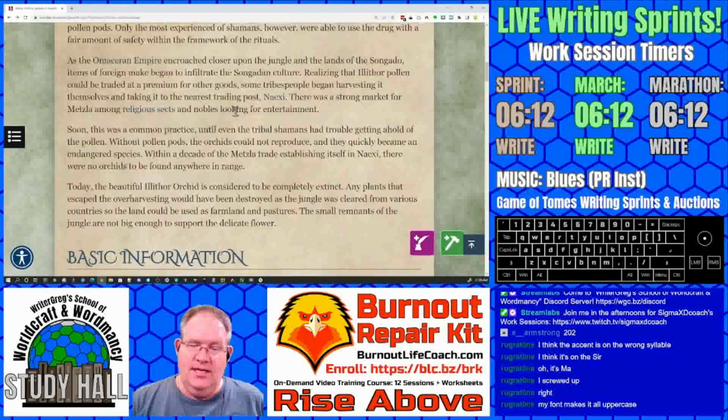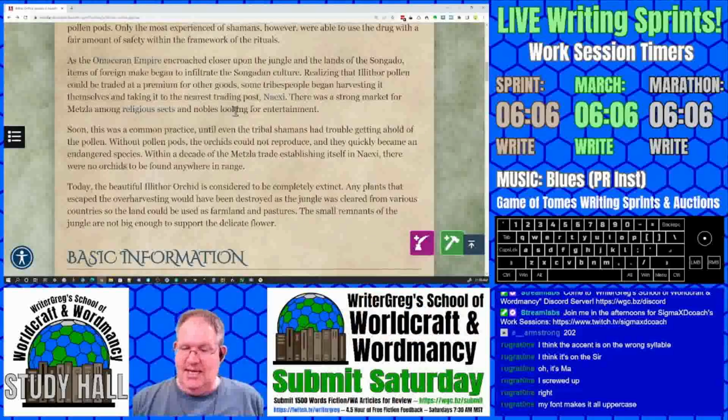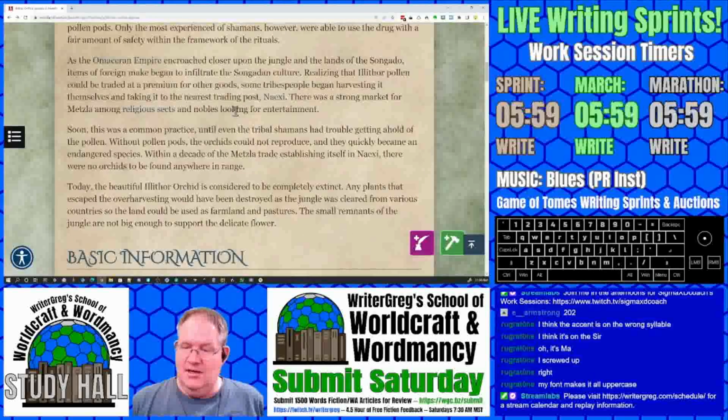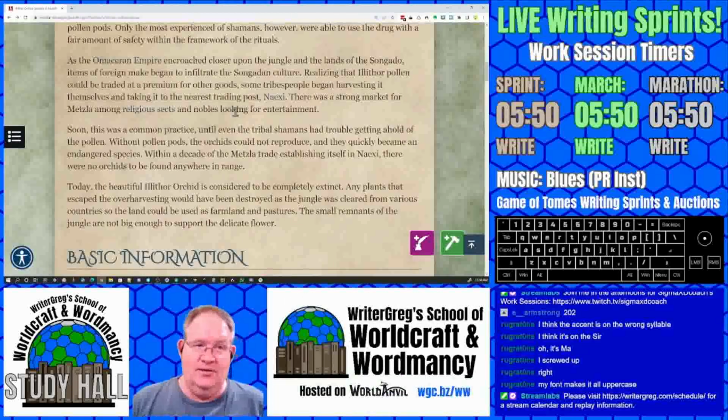Today, the beautiful Illithor orchid is considered to be completely extinct. Any plants that escaped the overharvesting would have been destroyed as the jungle was cleared from various countries so the land could be used as farmland and pastures. The small remnants of the jungle are not big enough to support the delicate flower.